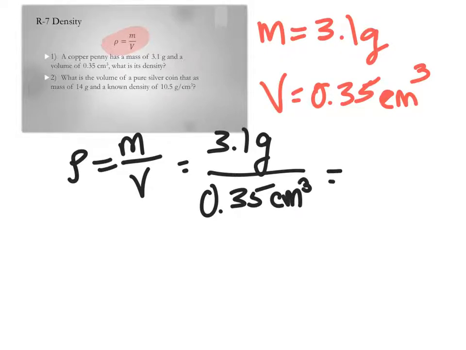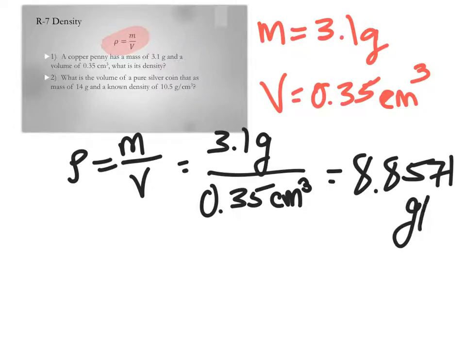And if you do the math, you will get a number that is approximately 8.8. It's actually, if you do it in your calculator, you get 8.8571 grams per cubic centimeter.